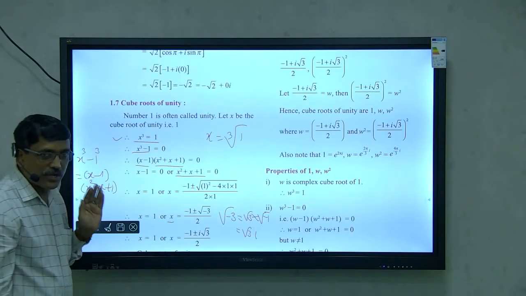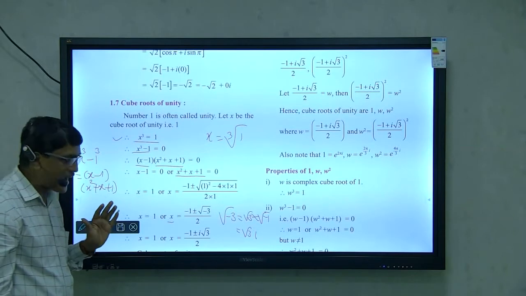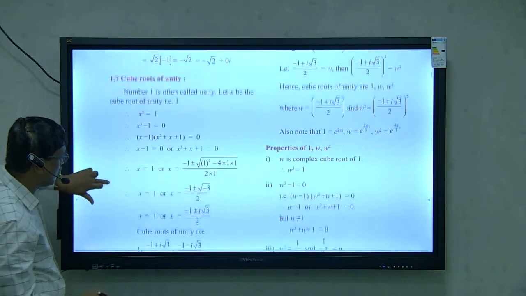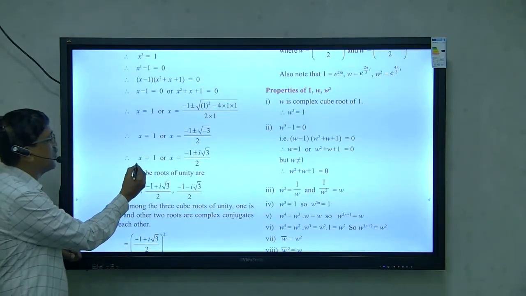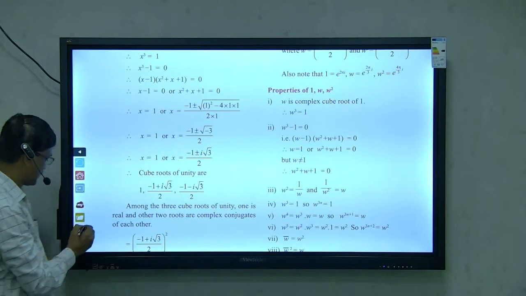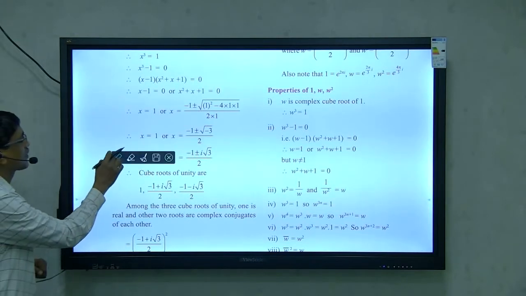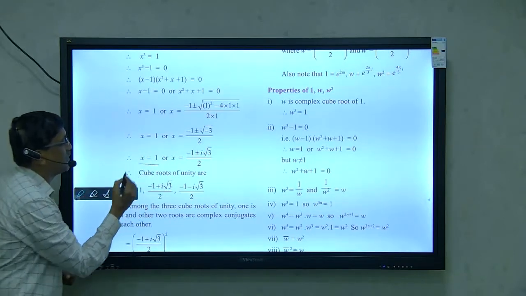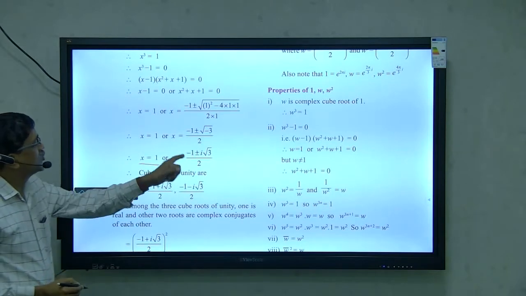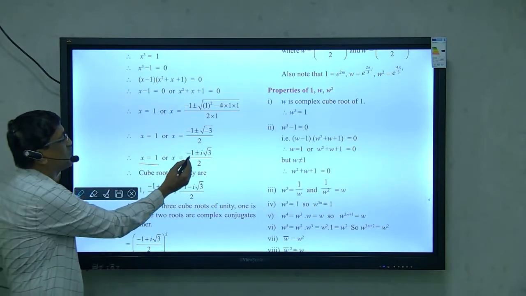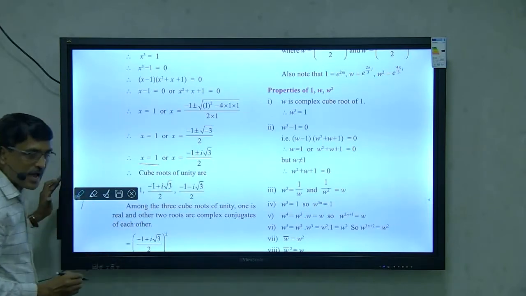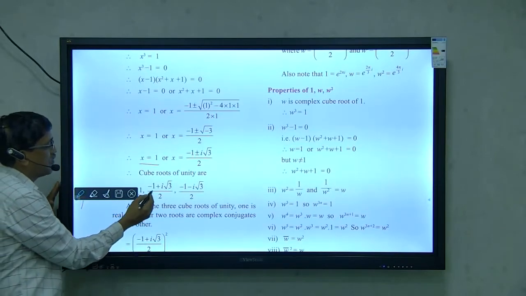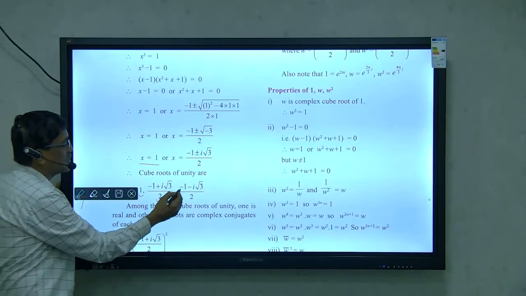So how many values do we get? x is equal to 1 is the first value, and the two values of x are minus 1 plus i root 3 upon 2 and minus 1 minus i root 3 upon 2.